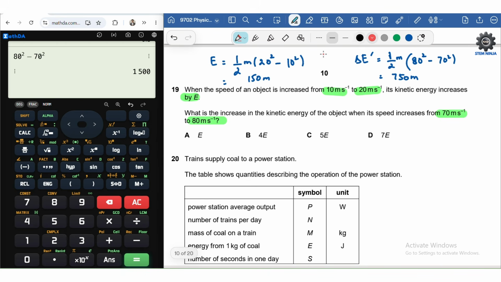So when we want to take the ratio, you can take it as a ratio basically. So 750 m divided by 150 m. So 750 divided by 150. This is 5 times greater. So 5 times by this.